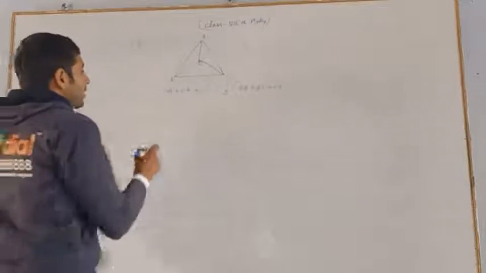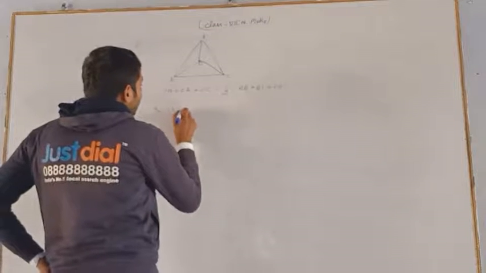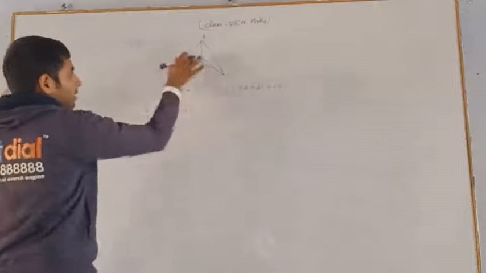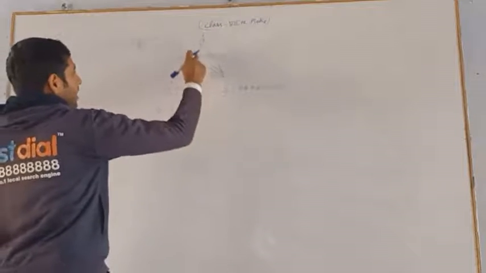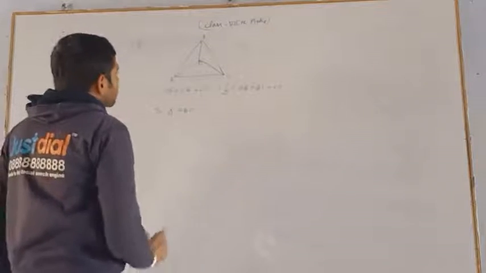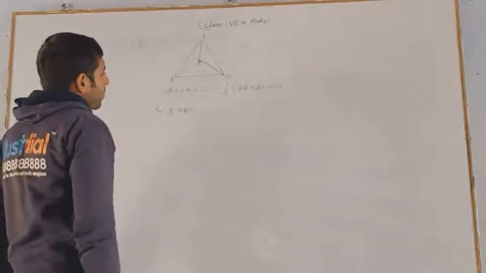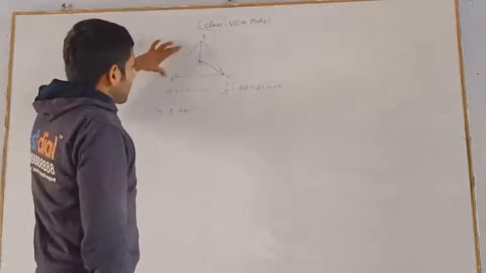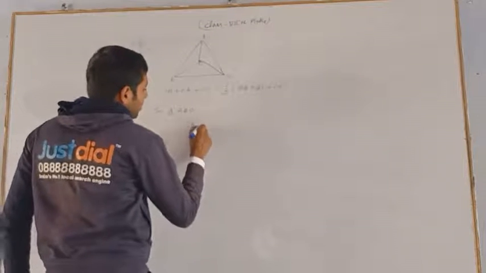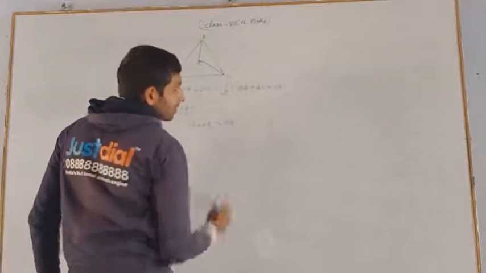In triangle ABO, here you see this is the triangle ABO. In triangle ABO we get OA plus OB is greater than AB. That is equation number first.